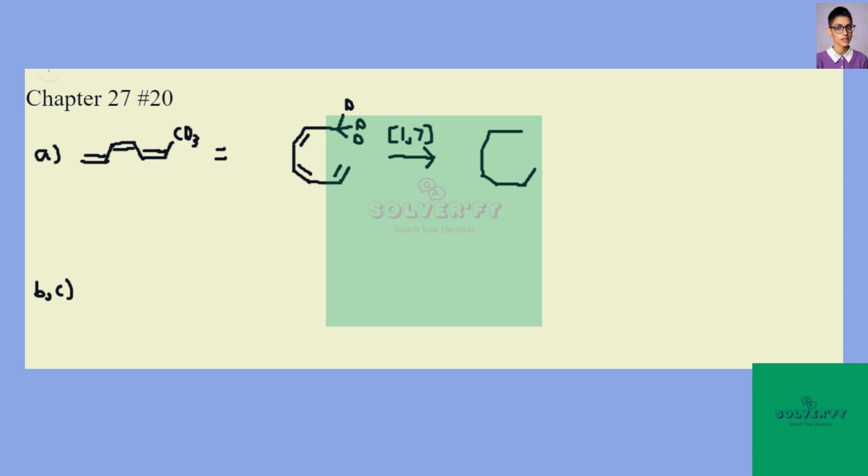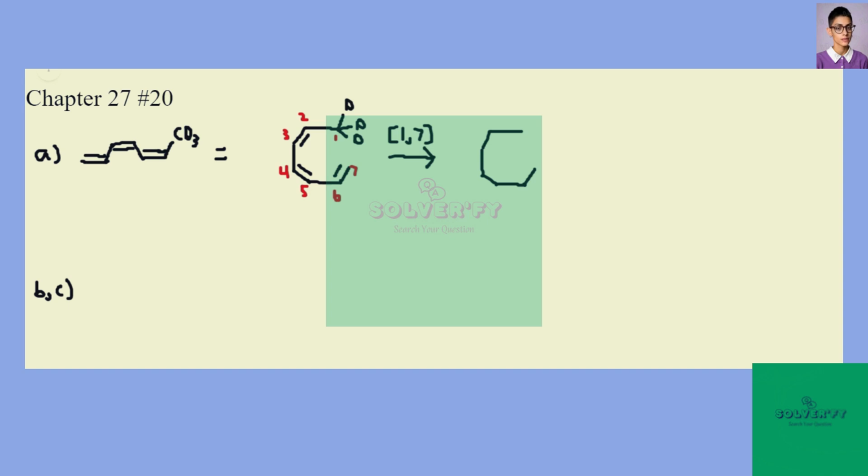So we know it's a 1,7, so we can number everything: 1, 2, 3, 4, 5, 6, and 7. And so we're going to have a deuterium go from 1 to 7.